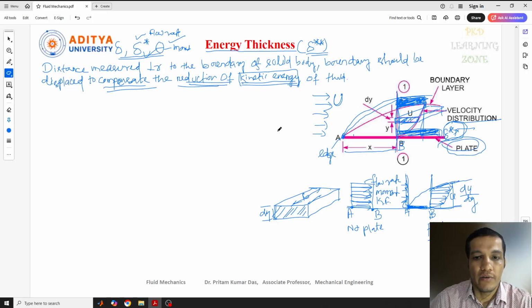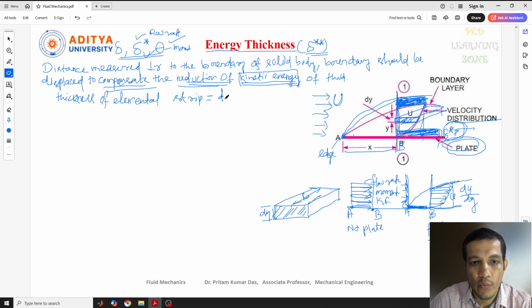To find the mass flow rate, we can write: the thickness of the elemental strip is dy.